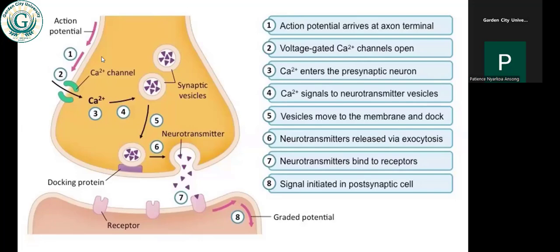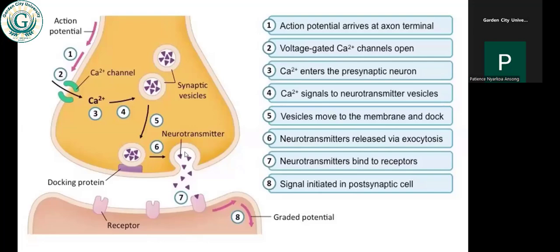When an action potential gets to the axon terminal, it triggers voltage-gated calcium channels to open. Calcium enters the cell. The presence of calcium within the cell triggers vesicles containing neurotransmitters to move to the surface of the cell membrane with the help of a protein called the docking protein.